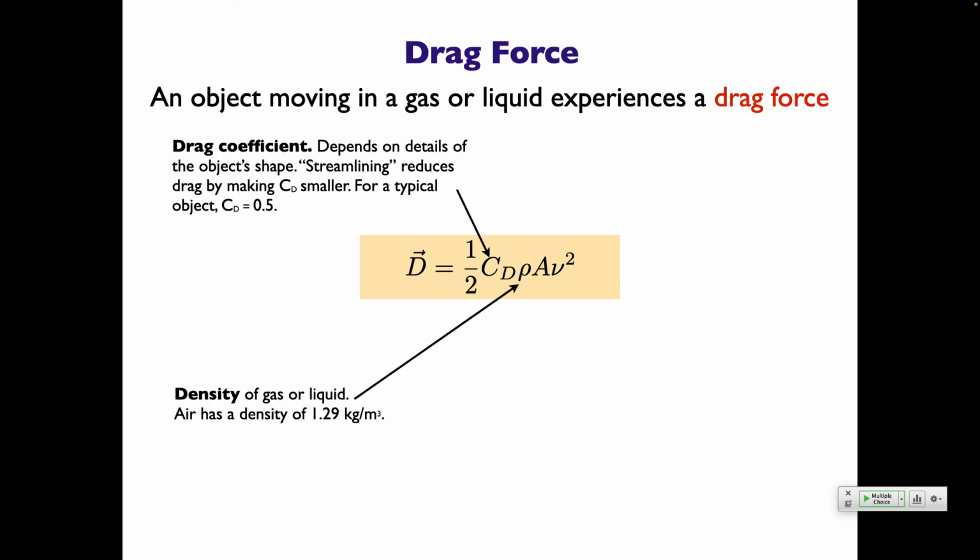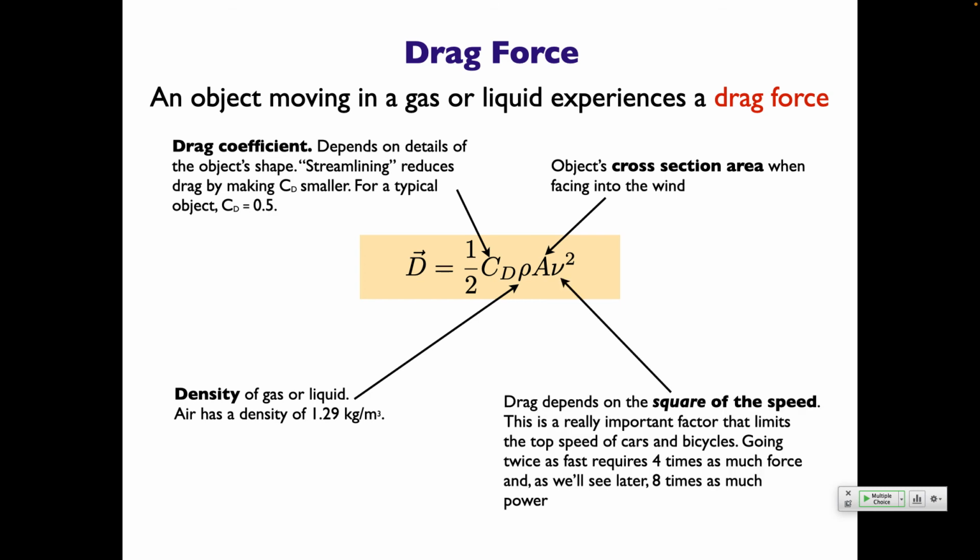This is the density of the fluid that you're in. So if you're in water, this would be the density of water. If you're in air, this would be the density of the air. And then these are the two most important things: the object's cross-sectional area, and we'll talk about what that means in a minute. And then the most important thing about drag is it depends on speed, right?